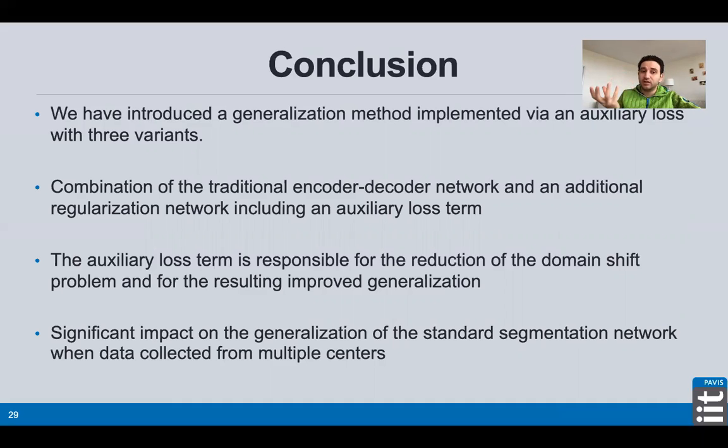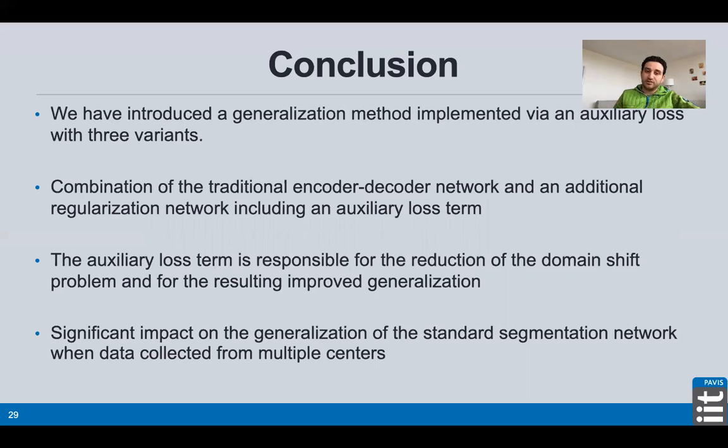This auxiliary loss function is responsible to remove or diminish this domain difference coming from the dataset, and eventually it results in a generalized model.